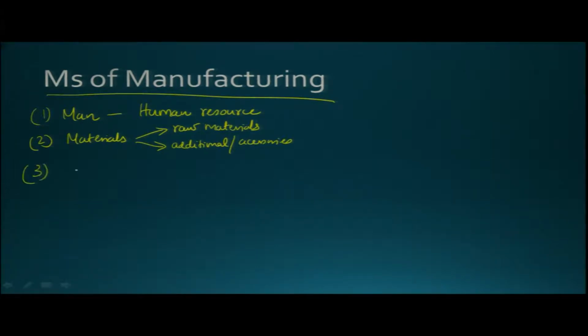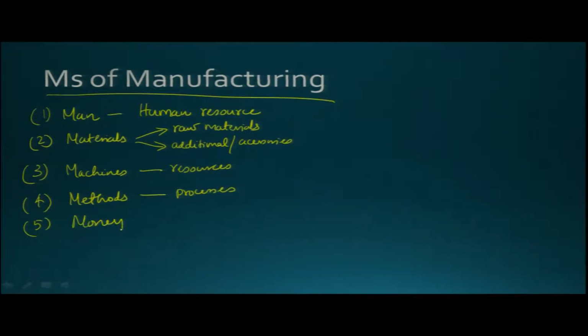You can think about the third one as machines, different types of machines. Many times people call it resources. The common term resource also refers to machines in simulations typically. The fourth one is methods, or the simpler term, processes, and the fifth one is money, or the simpler term, finance. So, these 5 M's are the typical factors that influence manufacturing.